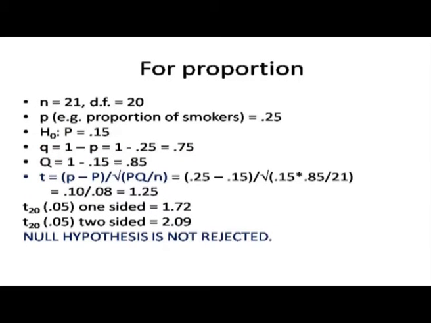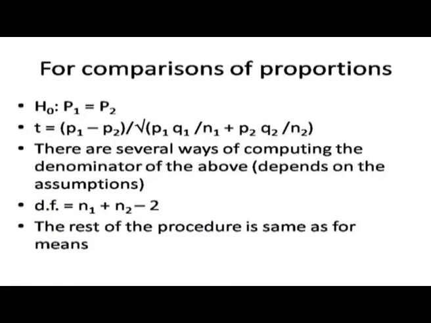For proportion, similarly, the standard error of proportion is square root of p q by n, otherwise all calculations and logic are similar. For comparison of proportions, same thing, two samples, p 1 minus p 2 is the observed difference in proportions.